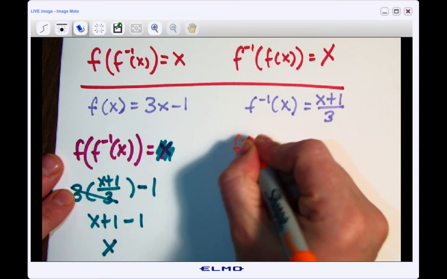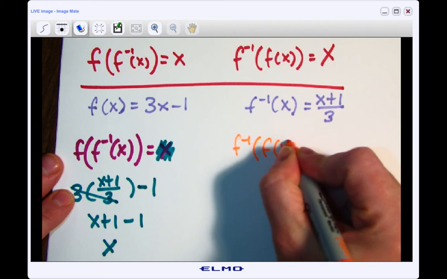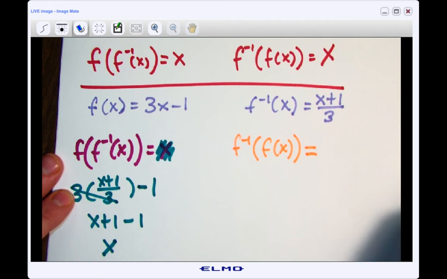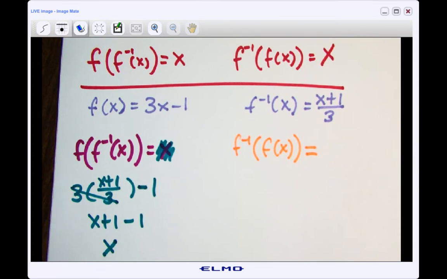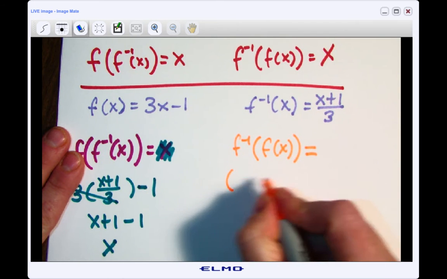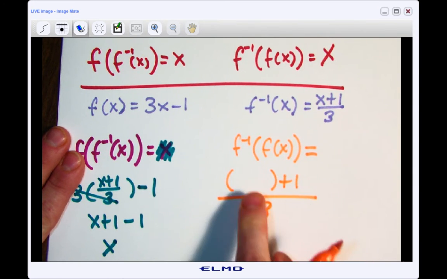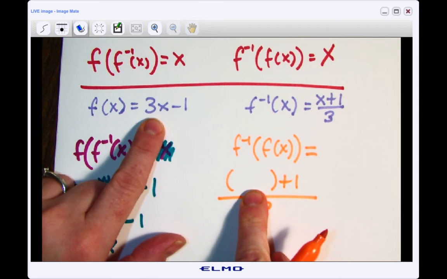So if I have f inverse, and I put the function inside, I take my inverse function, and everywhere I see x, I put parentheses, and what am I going to put inside there? Whatever my function is.